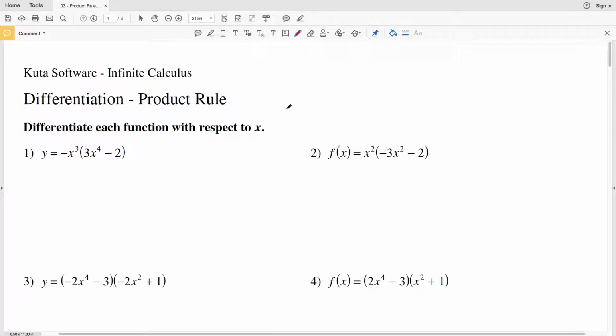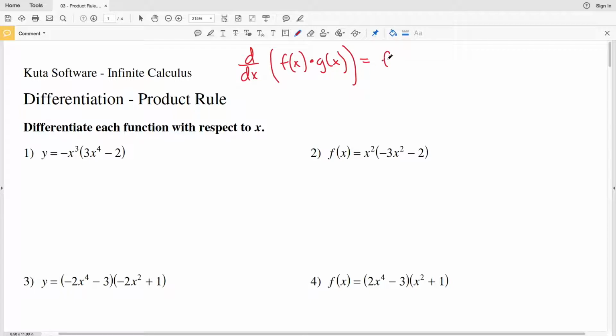Now quickly, the product rule is the derivative with respect to x of one function f of x times another function g of x. Unlike the sum rule, we can't simply take the derivative of each and multiply.